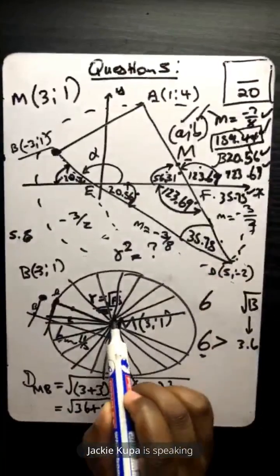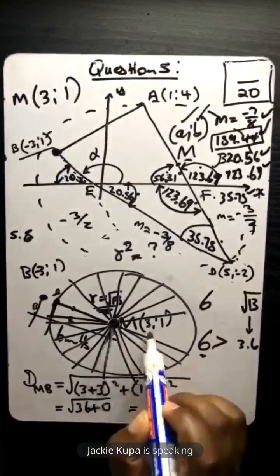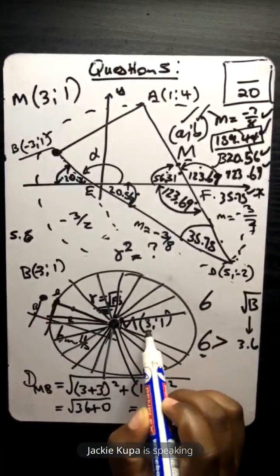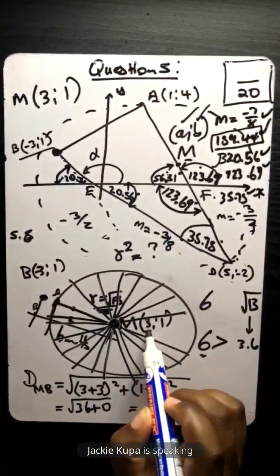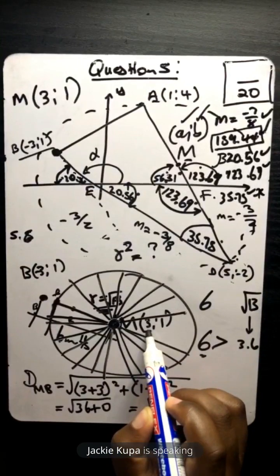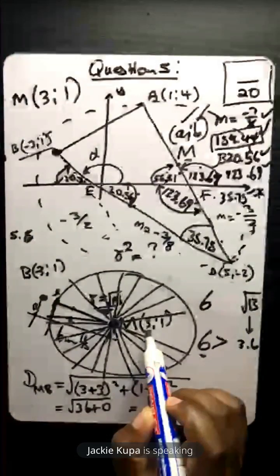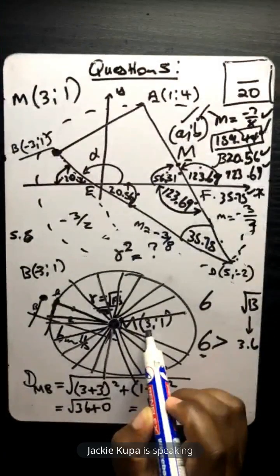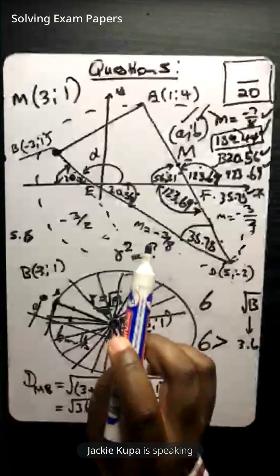So if X is 3 from the center, the radius here is 3. From there to the corner here is 1. So minus 3 is behind 1. I don't know how to explain it, but from the center, minus 3 is outside.